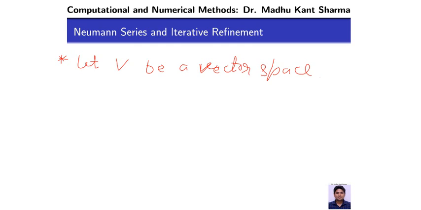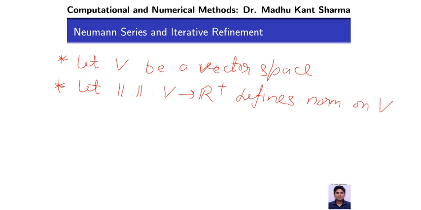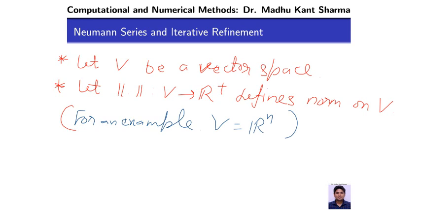Let the norm define a norm on V. For example, you can take V as R^n, and you can take the 2 norm, the p norm, the infinity norm, and so on.